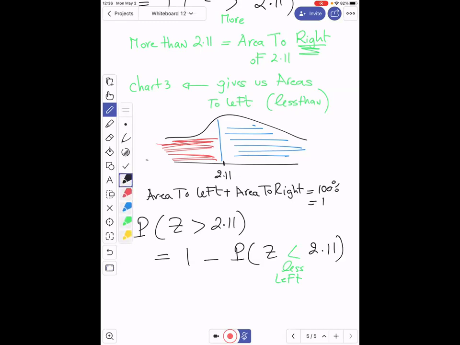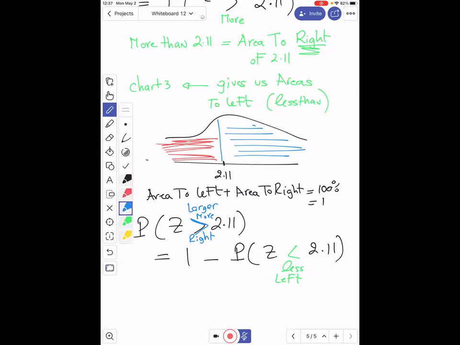Z larger than 2.11 is the area to the right of 2.11, so that would be 1 minus the area to the left. That's the problem whenever you have the probability of X more than a number: you have this extra step where you convert the area to the right to the area to the left.